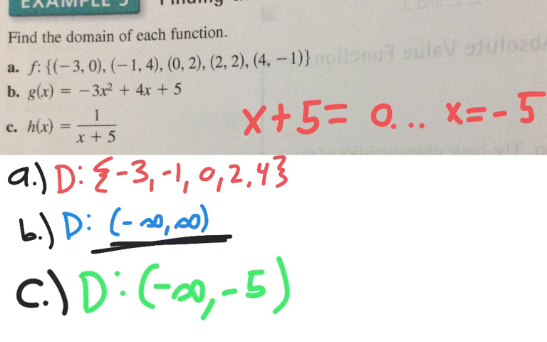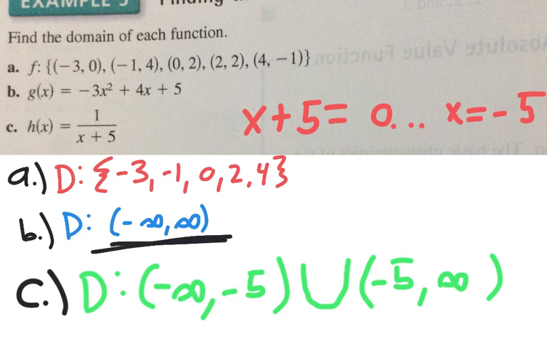So I could do anything from negative infinity up to negative 5, and include negative 5, and then I want to start again. The way that we say I've got more to tell you is we use what's called a union, which is like a capital U without the little bar at the end. This says from negative infinity to negative 5, and then everything greater than negative 5 till positive infinity is also in my domain.